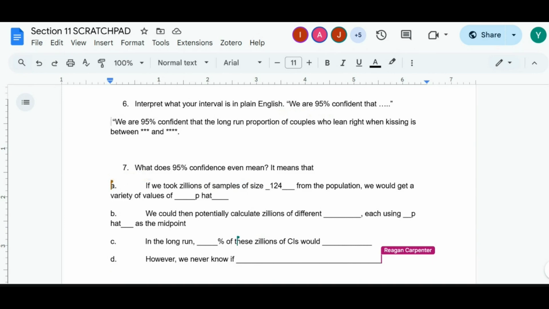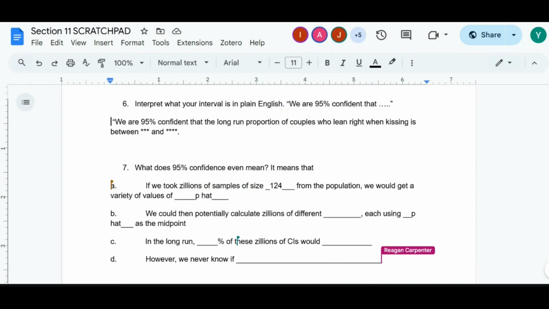Yes. We could then potentially calculate zillions of different what? You use the p hats to make what? What are the things that you get zillions of? There are zillions of p hats, and the zillions of p hats will yield zillions of different what? What did you use the p hats to make?